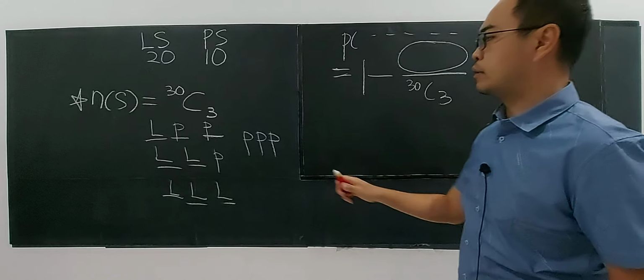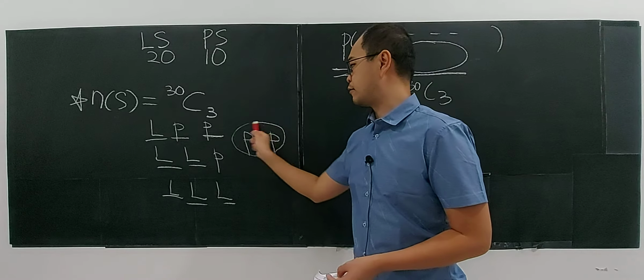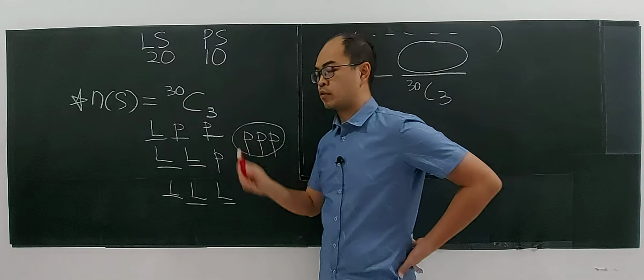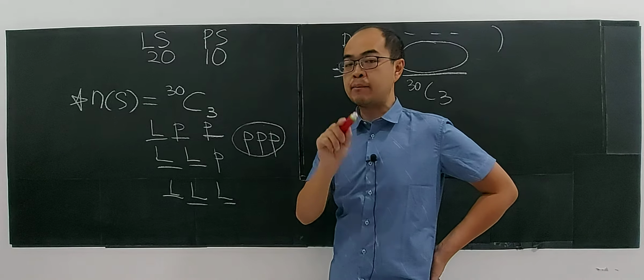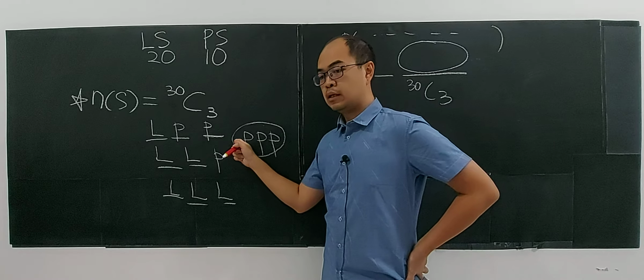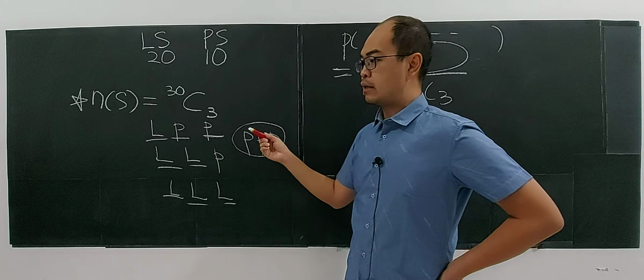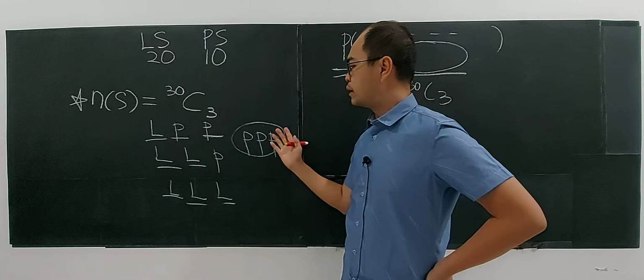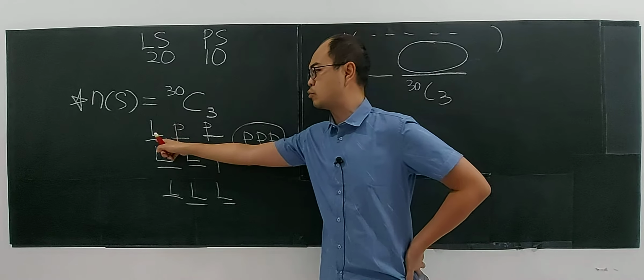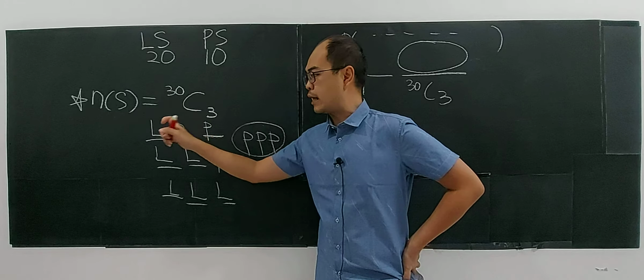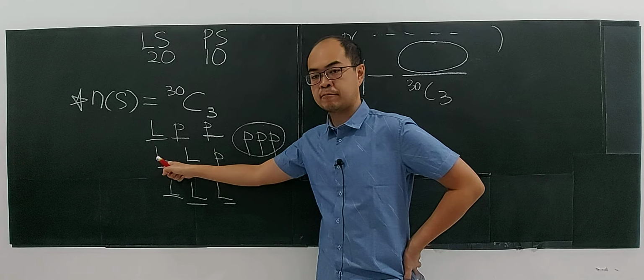This is where none of them is from life science. If I take 1 minus none from life science, the complement is at least one from life science.